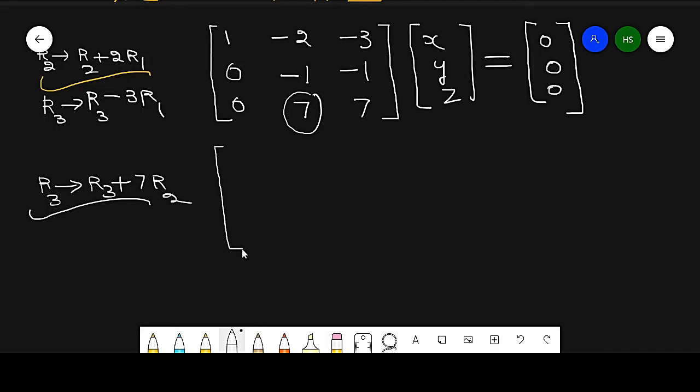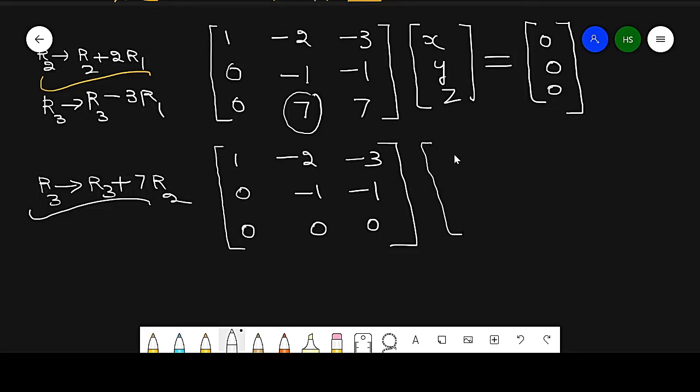So what does this become? The first row is the same, 1 minus 2 minus 3, second is 0 minus 1 minus 1, third is 0 0 0, times x y z equal to 0 0 0.